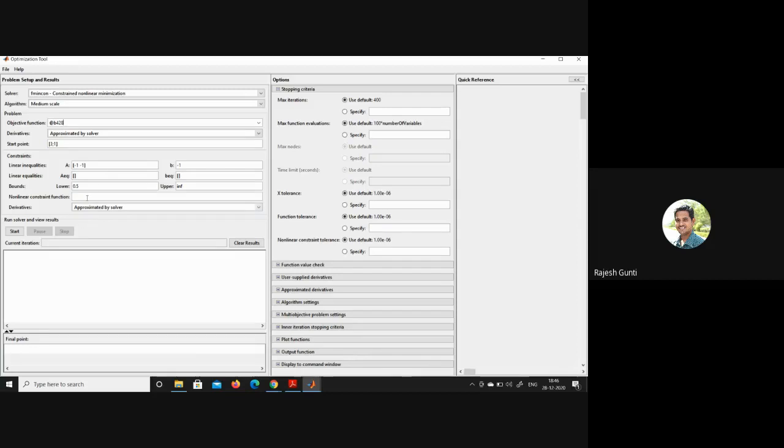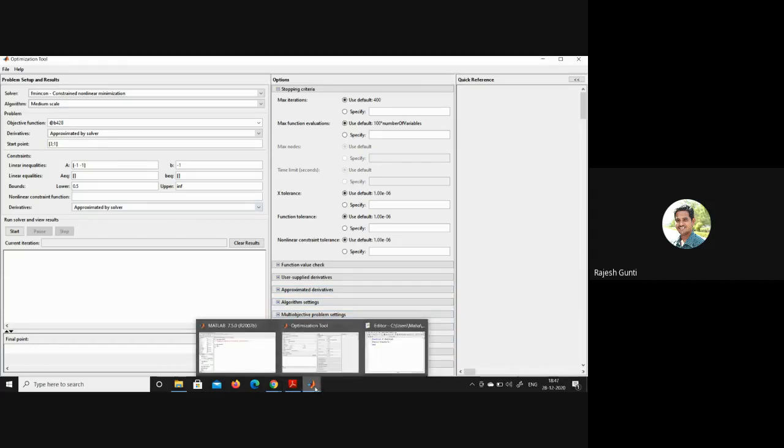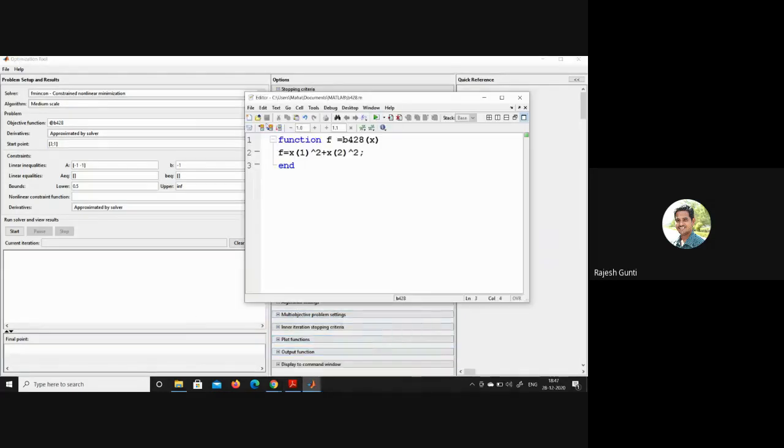Okay. Next, nonlinear constraint functions. Another M file you have to create. Function: here there are two equations, one is C and another one is CEQ. Constraint equations: one is nonlinear constraint inequalities, another one is nonlinear constraint equalities.